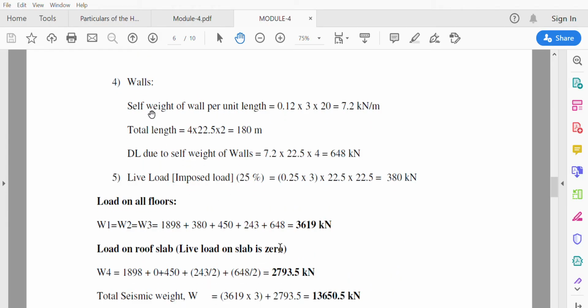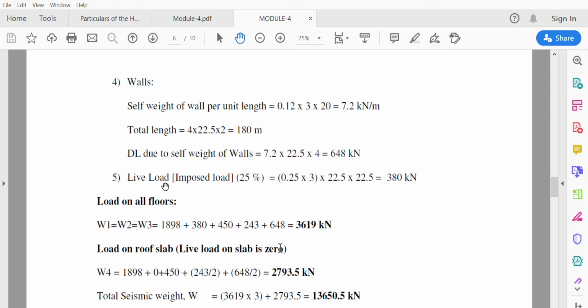Then walls. Self weight of the wall per unit length is 0.12, the thickness of the wall, 3 is the height, multiplied by density. So it is 7.2 kilonewton per meter. Then total length is 4 into 22.5 into 2, it is 180 meters. Dead load due to self weight of the wall is 7.2 into 180 into 4, it is 648 kilonewton.